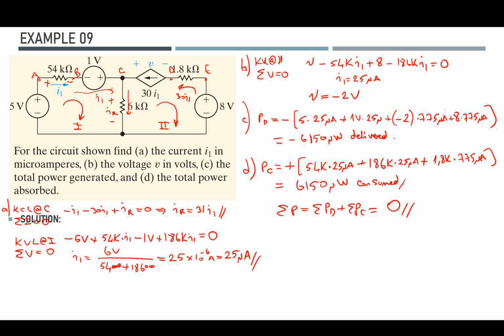The consumed and delivered power should be equal in accordance with the conservation of energy. So we have solved the question successfully. Let us continue with the next example.